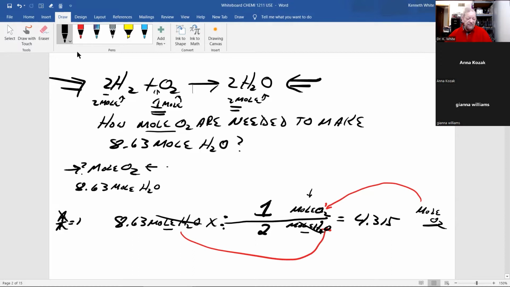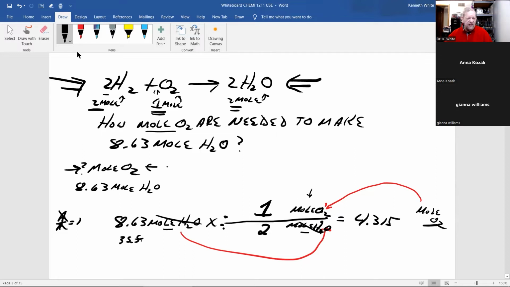That's a 5, but this is a multiplication division, and you should have the same number of significant figures in your answer as the number you're multiplying or dividing with the lowest number of significant figures. This has 3 significant figures.